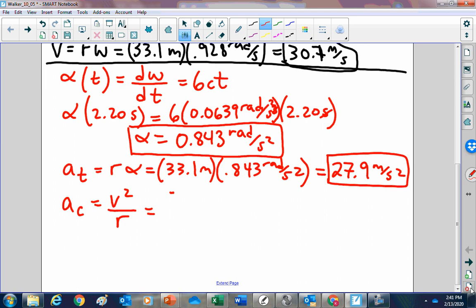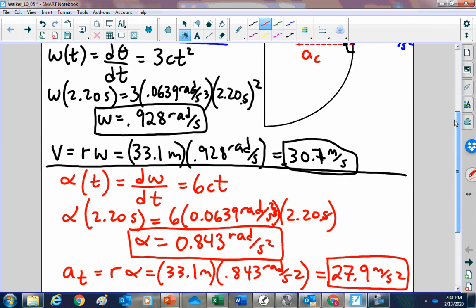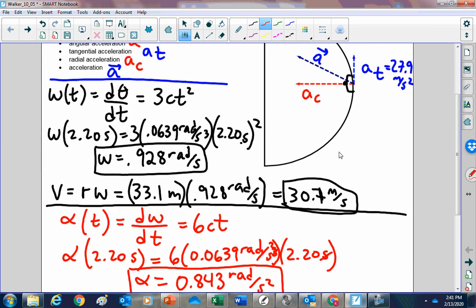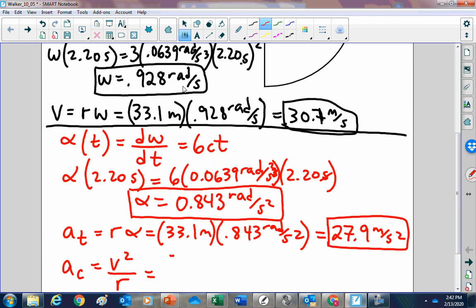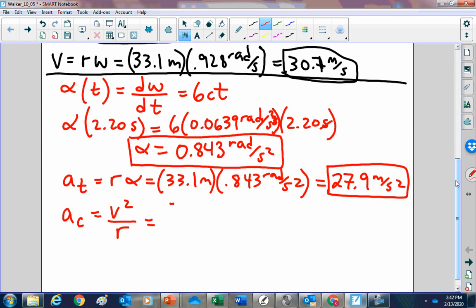But remember, I shouldn't use that one because it's not constant, so I wouldn't want to plug in 30.7 meters per second. Well, neither is omega. So all of this is changing at every moment, but since I'm evaluating at 2.2 seconds, that's fine. Either way, I can use either one.